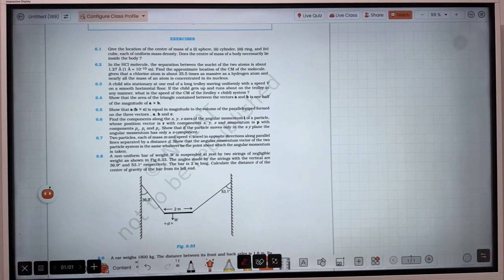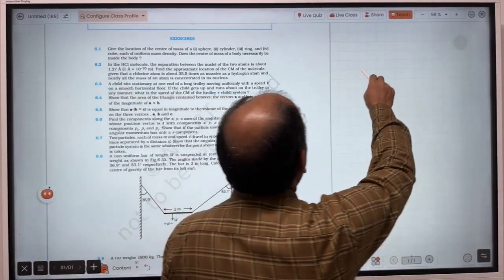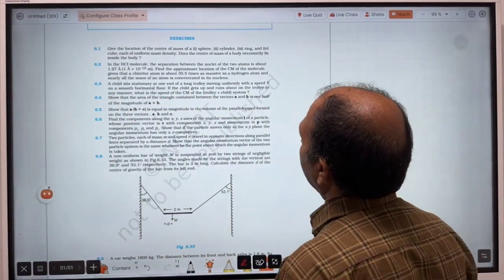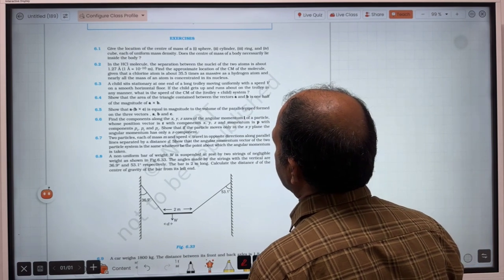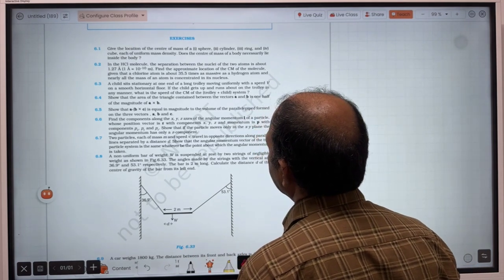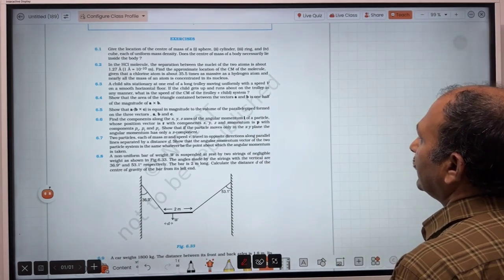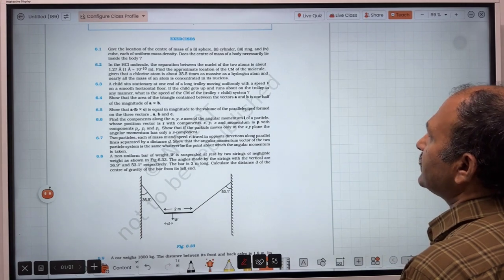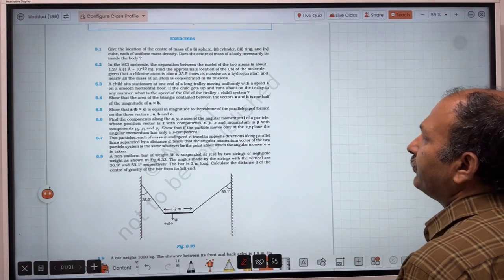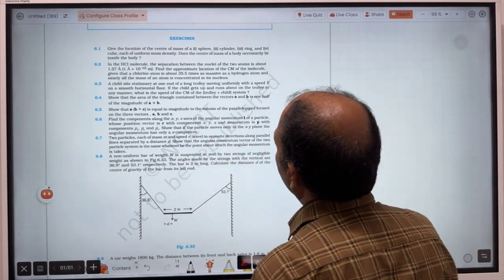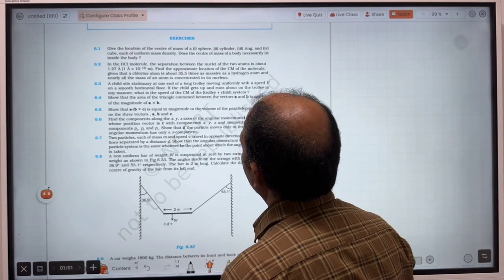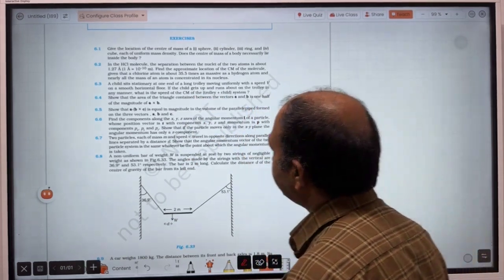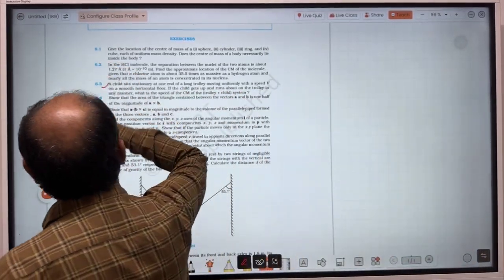Here, if you remember, if there is no external force, then center of mass will move with the same velocity. So whatever velocity it has in the beginning, later on also it will remain the same because external force or external torque is absent. So this is done.